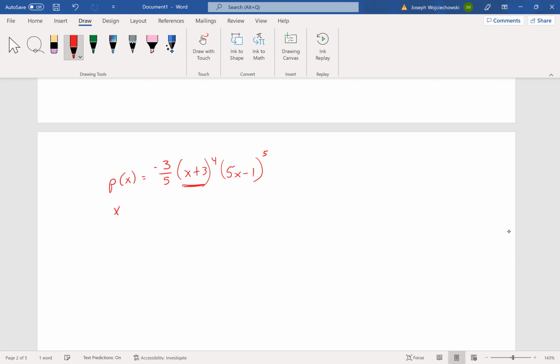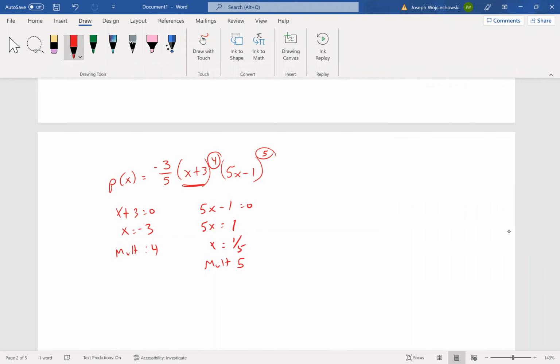So x plus 3 equal to 0, x equals negative 3. It has a multiplicity of 4. Whereas 5x minus 1, 5x equals 1, x equals 1/5. This has a multiplicity of 5.